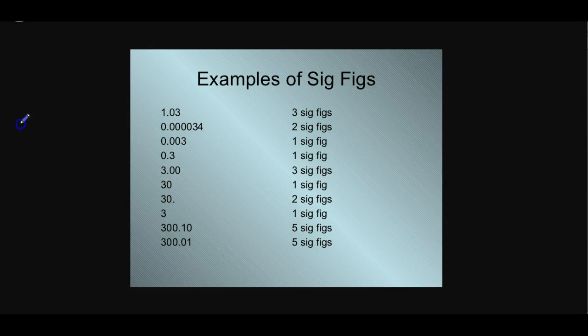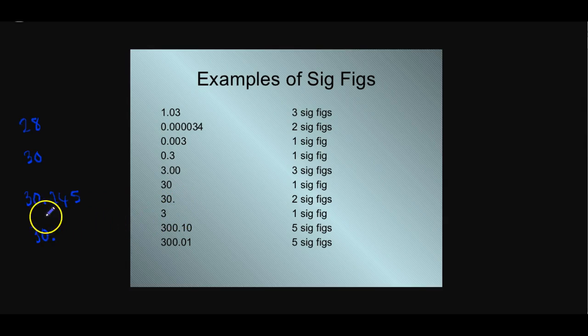So let's just say if I had the number 28 and I had to round that to one significant figure, it would be rounded to 30. But if I had, say, the number 30.245 and I had to round that to two significant figures, it would be 30, including the decimal.